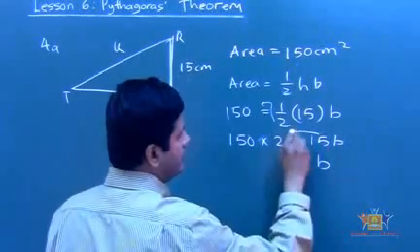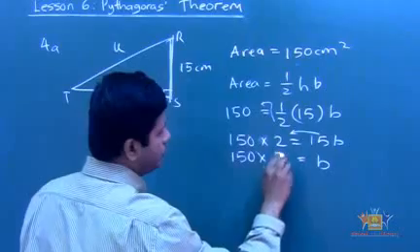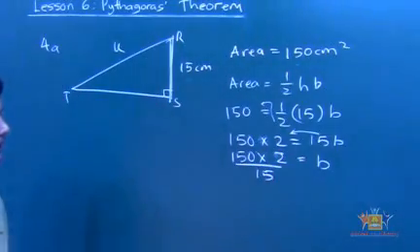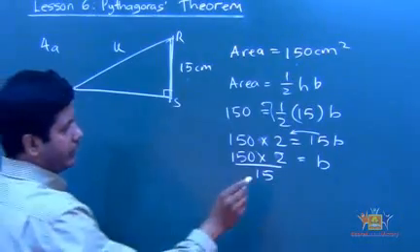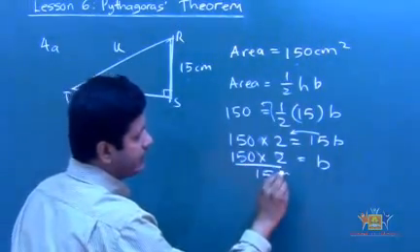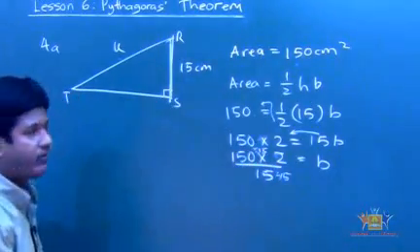So b equals 150 times 2 divided by 15. See, I can write it like this too. Now look at this: 15 and 150. I can divide this by 15 and I can divide this by 15. See that? I'm simplifying it.